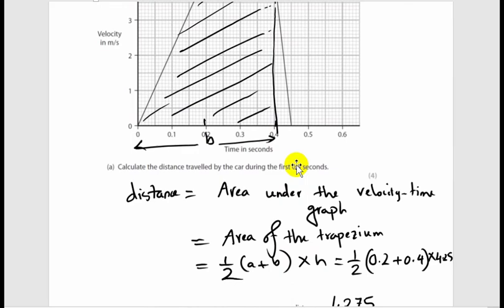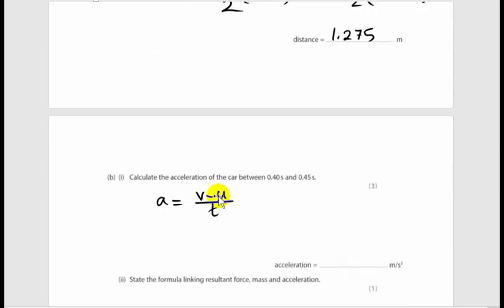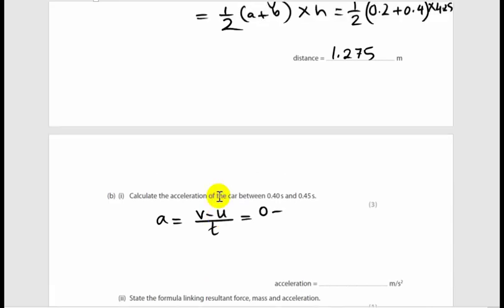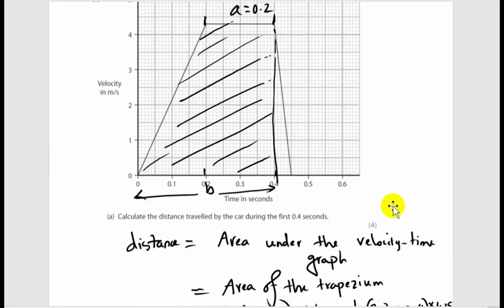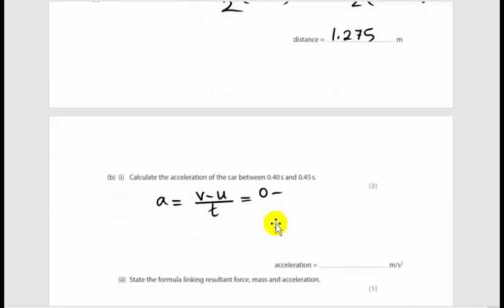Final velocity here is 0, and velocity at 0.4 was 4.25, divided by time, here 0.45 minus 0.40.